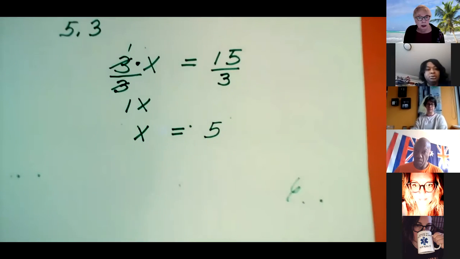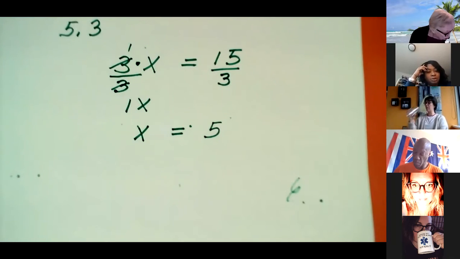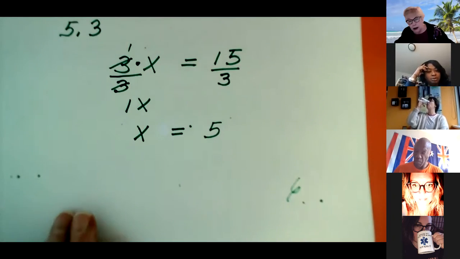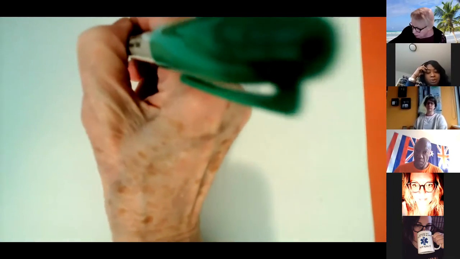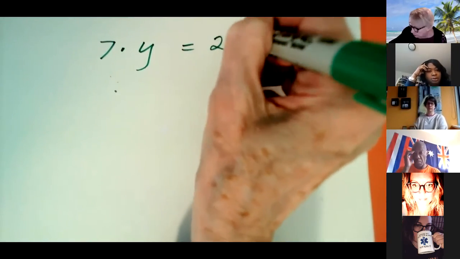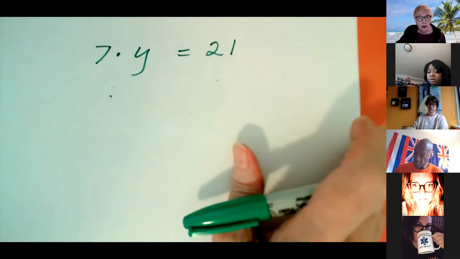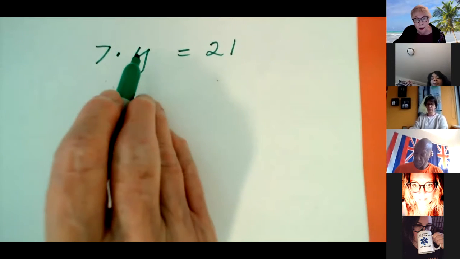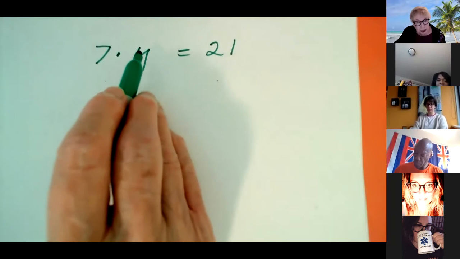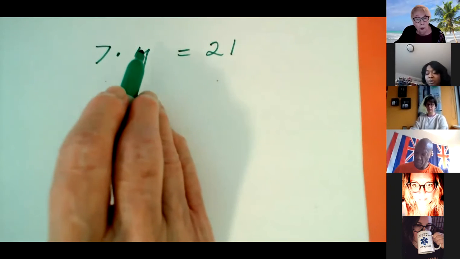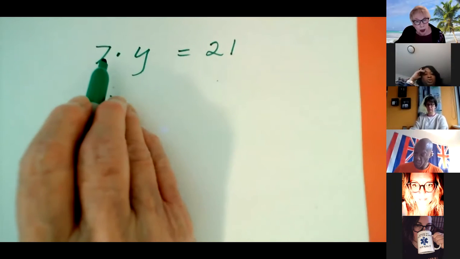And so this little cuteness is something we're going to need. And so they just do a very quick section on this. So here's the next one. What would you do? Well, we want to know what the missing letter is, which is really a number, y, and it's multiplied by 7.